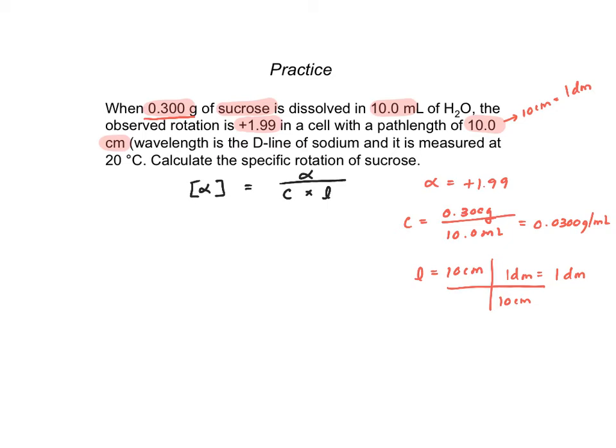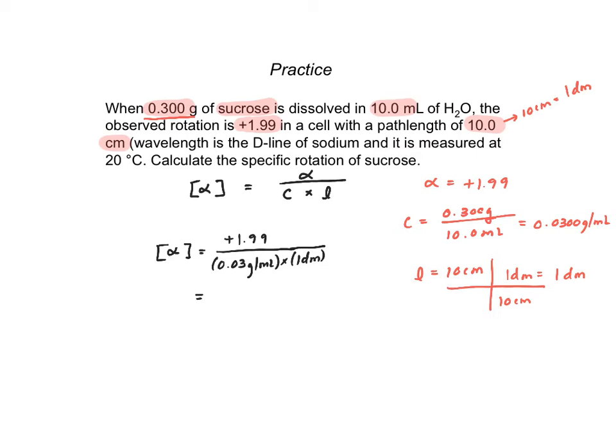So now I can take all of these and plug them into my specific rotation equation. We've got the positive 1.99 divided by 0.03 grams per mL times 1 decimeter.